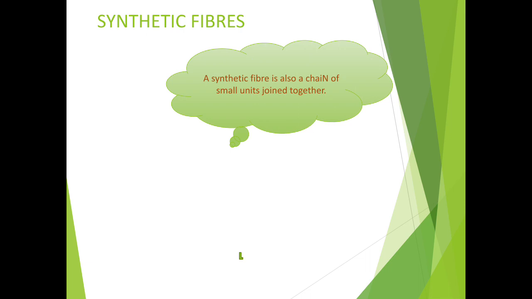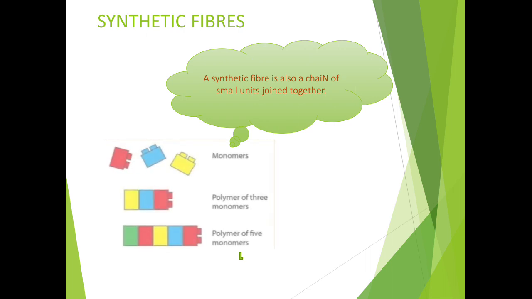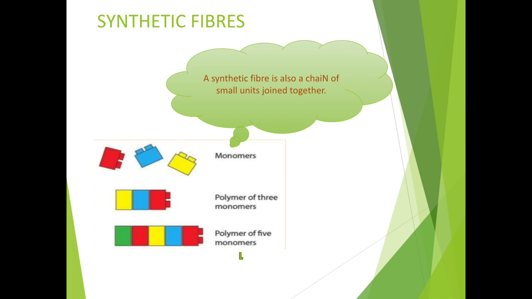I will make it more clearer to you. Just look here. You can see here a number of small single units of blocks, right? They can be joined together to form chains. As the number of blocks increases, you can form long chains. So this is how synthetic fibers are prepared.